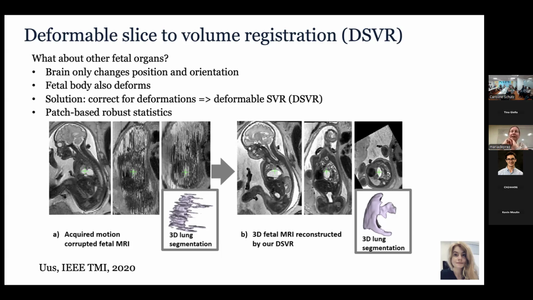This is something that is not solved to me because I think we can do better for whole uterus because you have lots of discontinuous motion and DSVR doesn't model anything discontinuous. Everything is continuous, so we will probably just exclude the parts of the images that are problematic. So it already produces good results, but I think there is more work to do on whole uterus. So it's something I hope to work on soon.